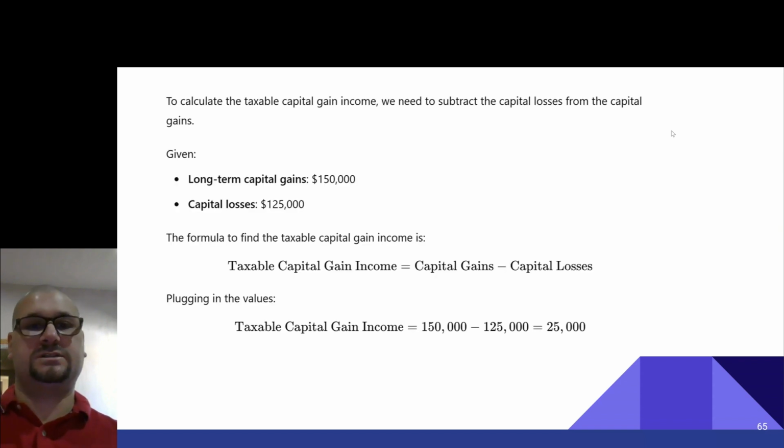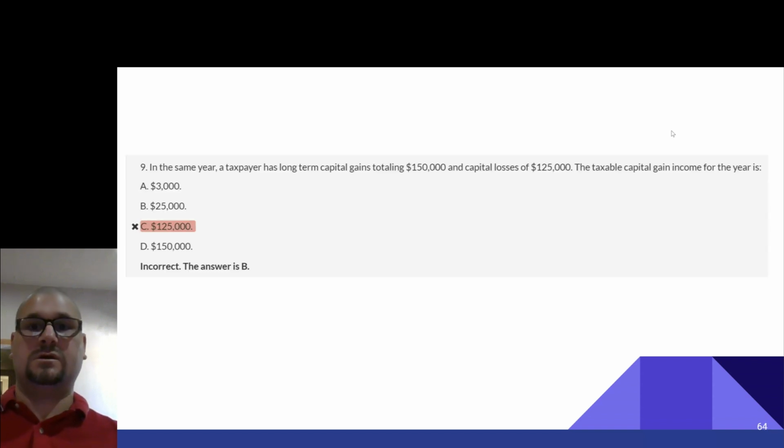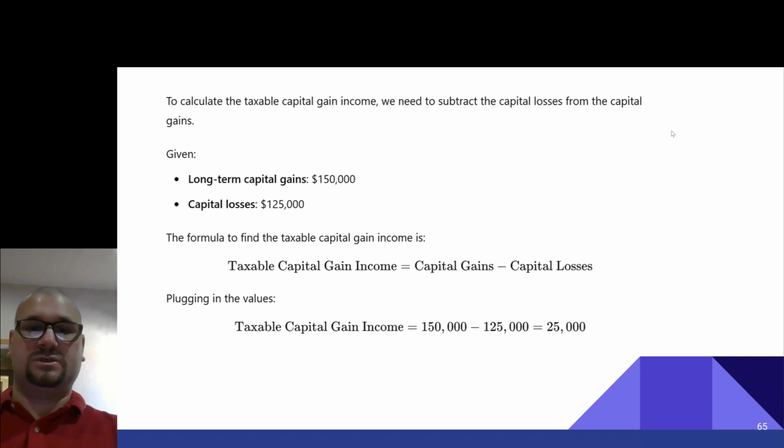So the formula to find the taxable capital gain income is: taxable capital gain income equals capital gains minus capital losses. What was the gain? 150,000. What's the loss? 125,000. So what's the total capital gain income? 25,000. Pretty straightforward.